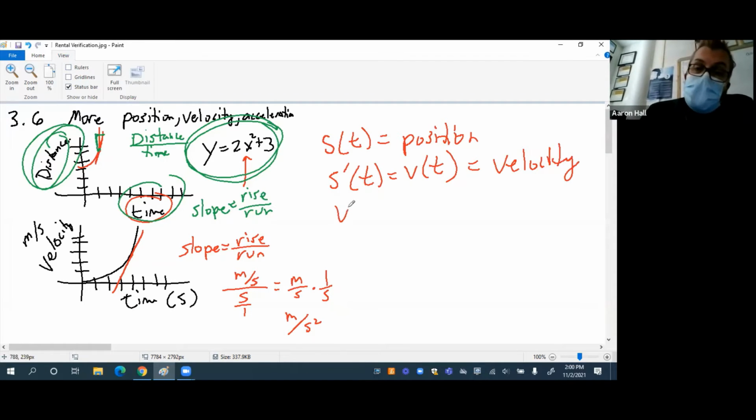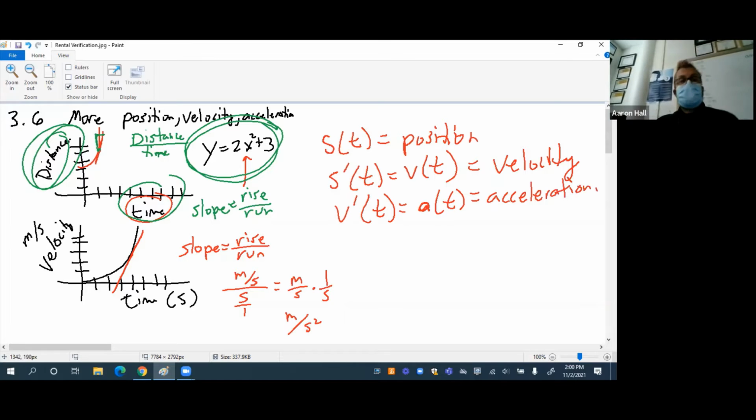And if I take the derivative of velocity, what do I get? Acceleration. So a of t refers to our acceleration. That's some cool math. If we have a position function, we can find the velocity function just by taking the derivative.